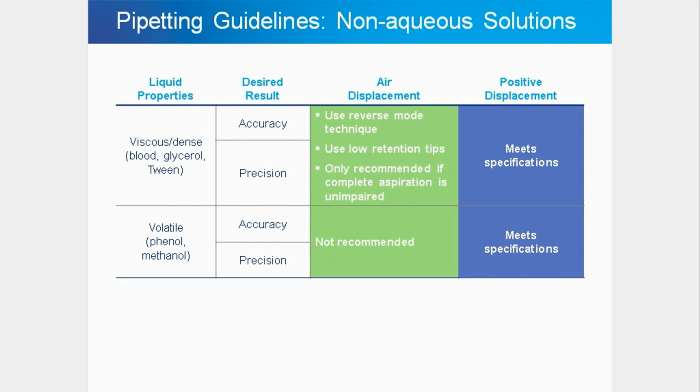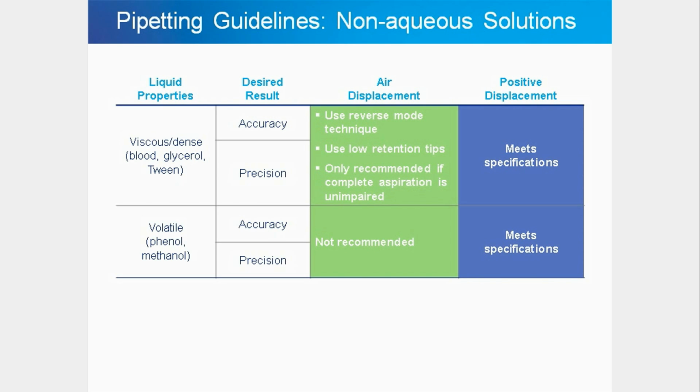Here is a chart to show the recommendations of pipette type in viscous and volatile solutions. For pipetting viscous solutions, such as glycerol, an air displacement pipette may be used in the reverse mode. Generally, using a positive displacement pipette is a better choice for pipetting highly viscous or dense solutions.